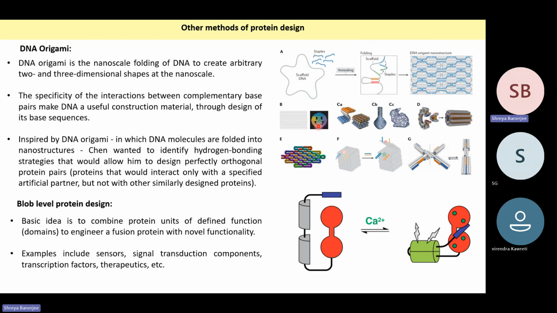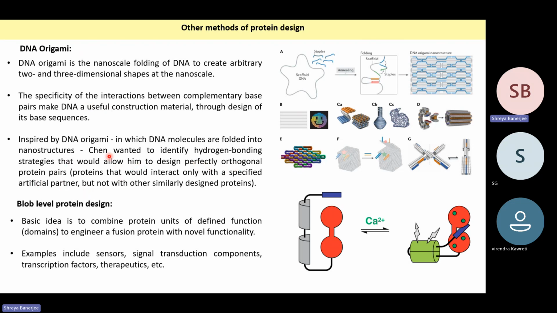Many of these structures don't really have a use, but they have been built to demonstrate that we can design DNA in such a way that it will fold into different kinds of structures. Using this particular concept, Chen wanted to identify hydrogen bonding strategies that will allow him to design perfectly orthogonal protein pairs.